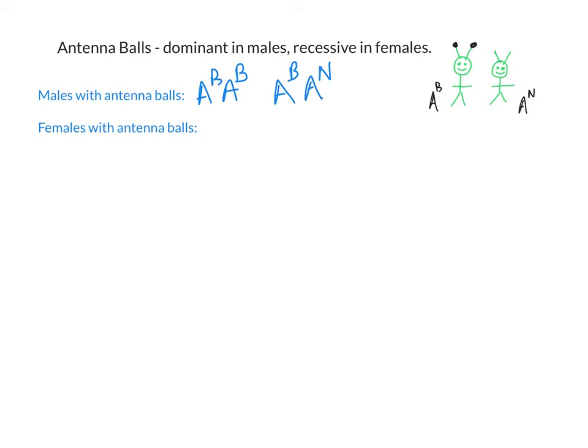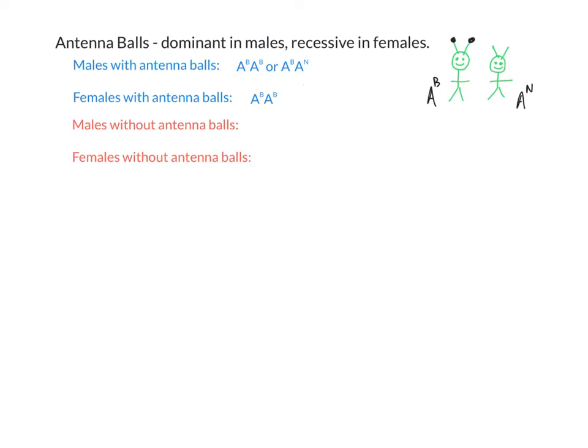A female that has antenna balls is recessive, so having the antenna balls can only occur if they have 2 antenna ball alleles. If we look at individuals without antenna balls, in males not having antenna balls is recessive. So they're going to have an antenna allele with a knot and an antenna allele with a knot, because if there was an antenna ball allele, the balls would cover up the knots.